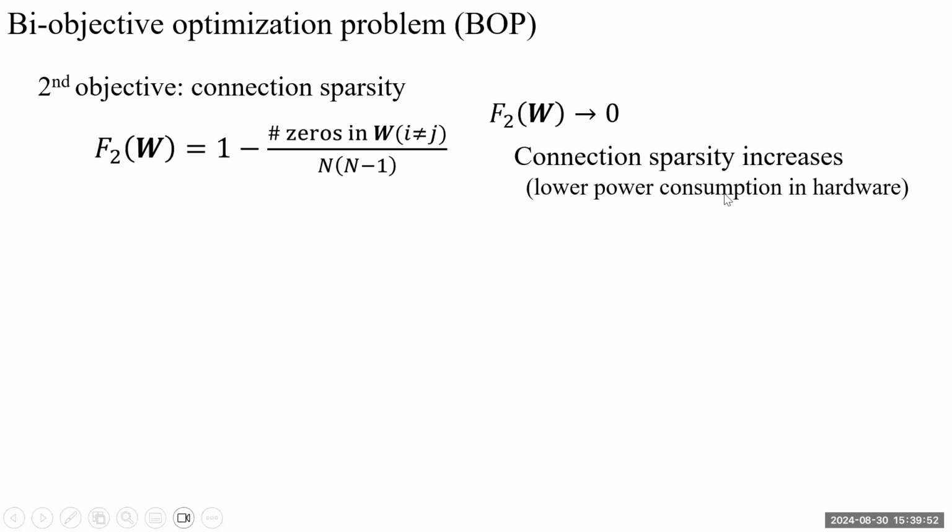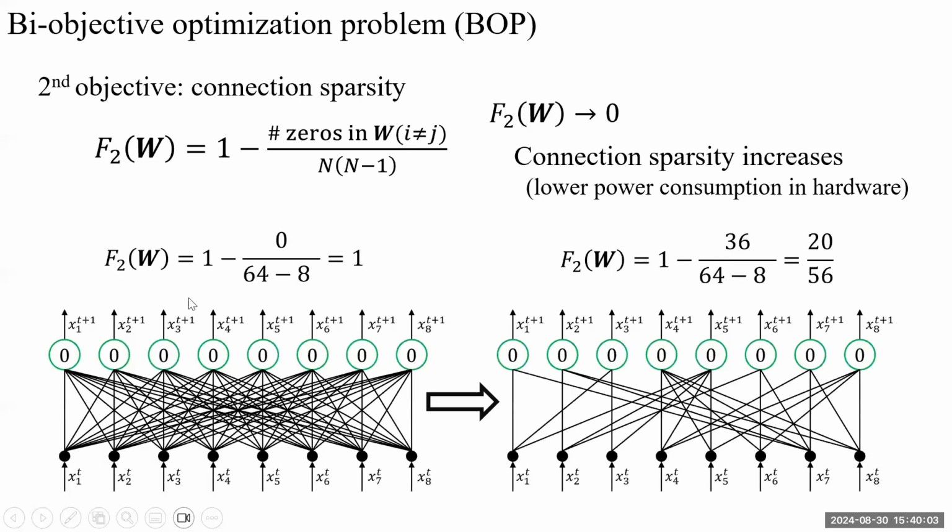It corresponds to lower power consumption if the DBNN is implemented in hardware. In this example, there is no sparse connection, no zero connection, then F2 is 1, the bad case. And here, 36 wires are open, then F2 is given by this.